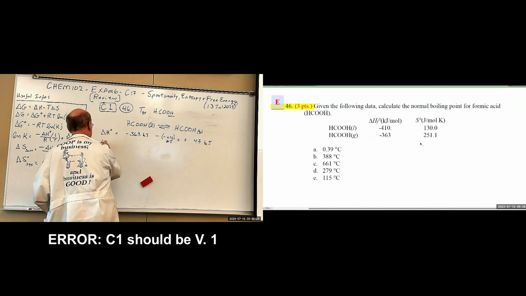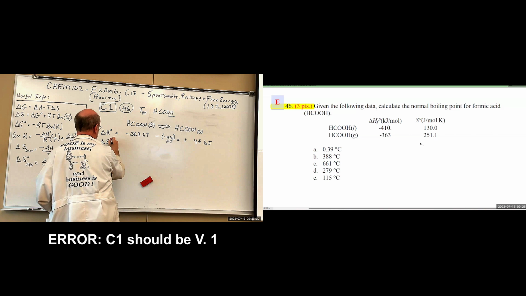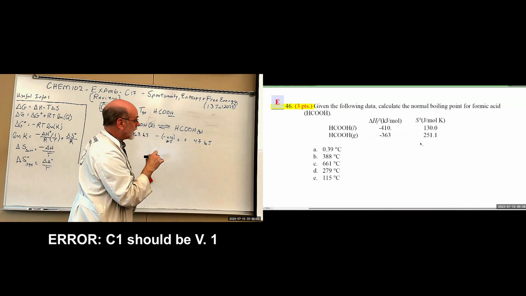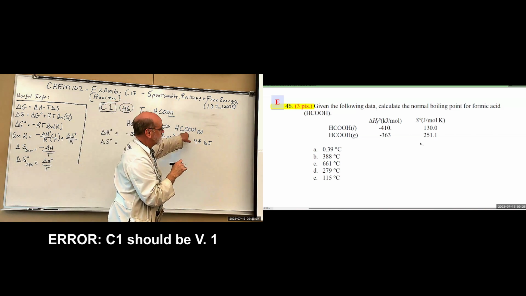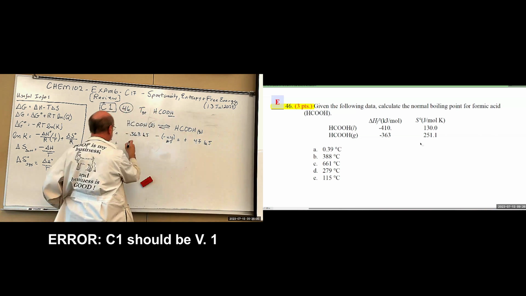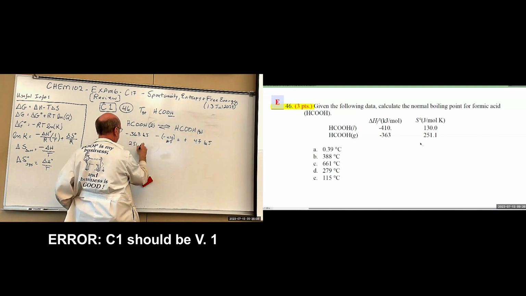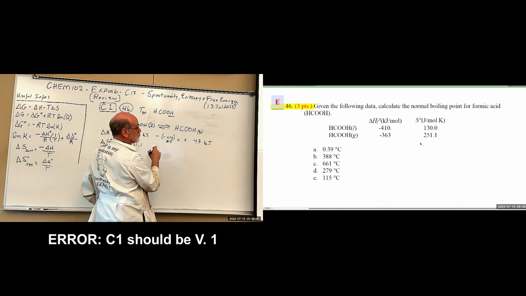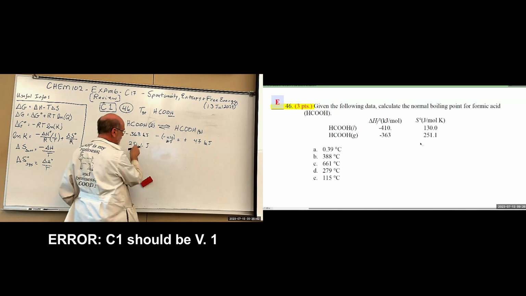for delta H. How about the entropy? Entropy, we would do entropy for the gas, 251.1. This is joules. I got to keep track of that value.